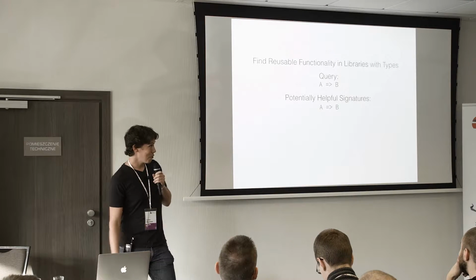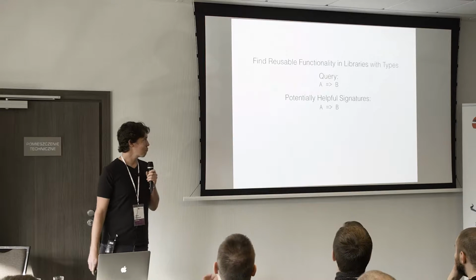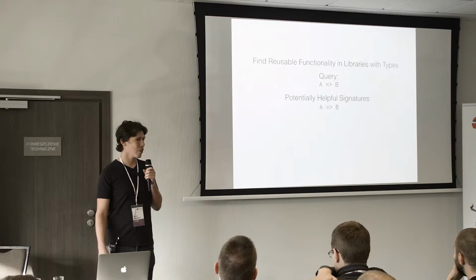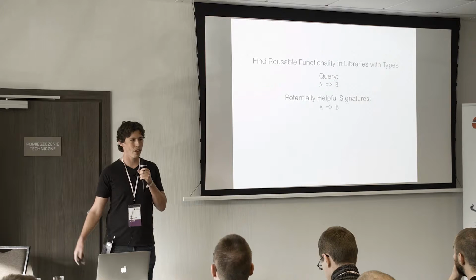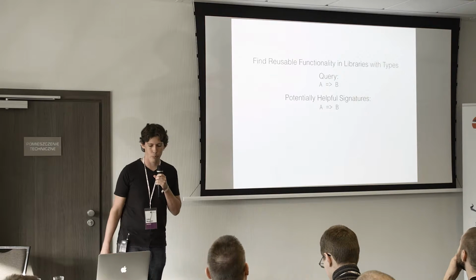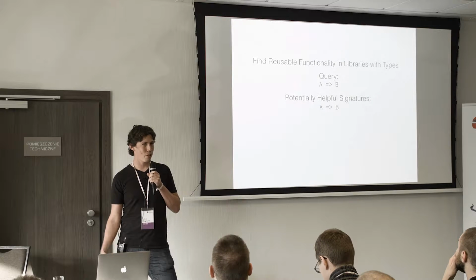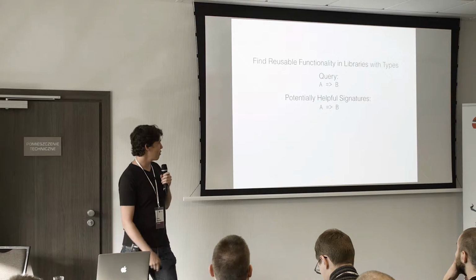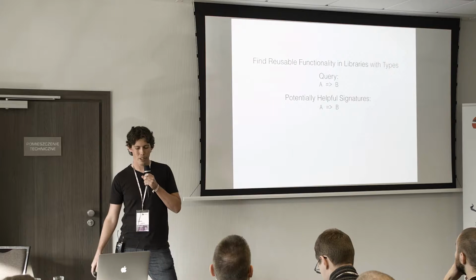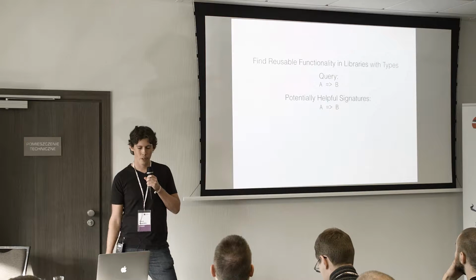And with types, what does it mean? Say you need some functionality that transforms an A into a B. And of course, a function that does exactly this, like A to B, is the ideal match.